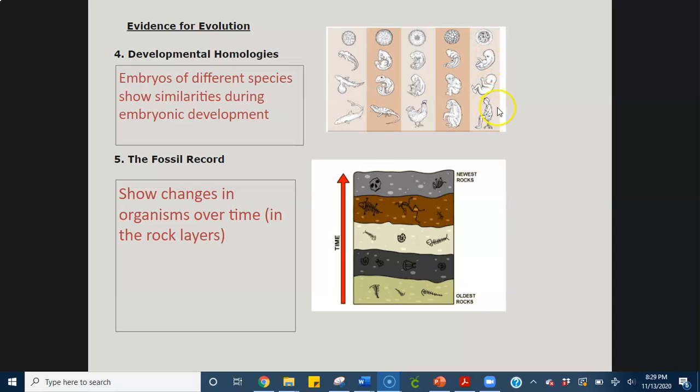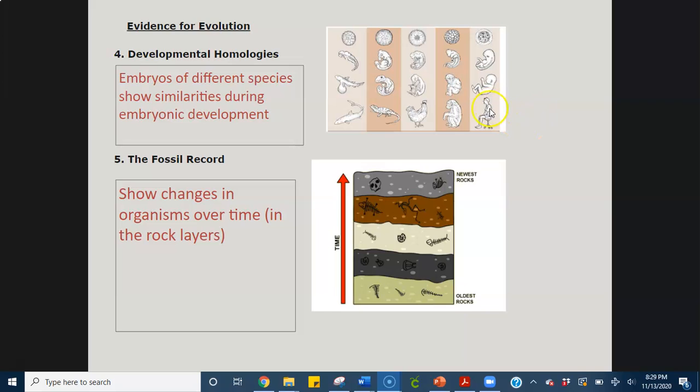So this is a human. We can look down here and know that this is a human. This is an ape and a chicken. So I'm going to focus on the chicken and the human. The similarities are very similar. And even if I come over here to the lizard, there's a lot of embryonic similarities between these organisms.